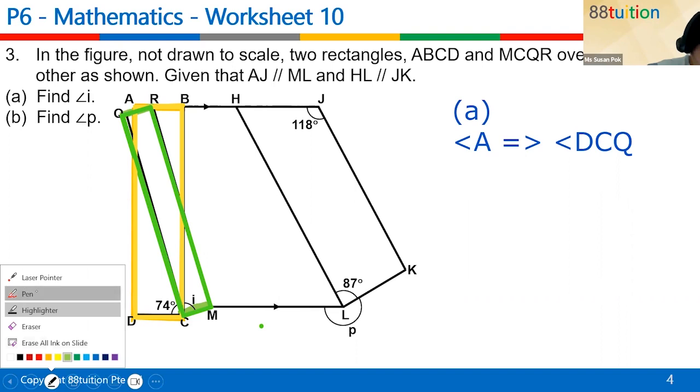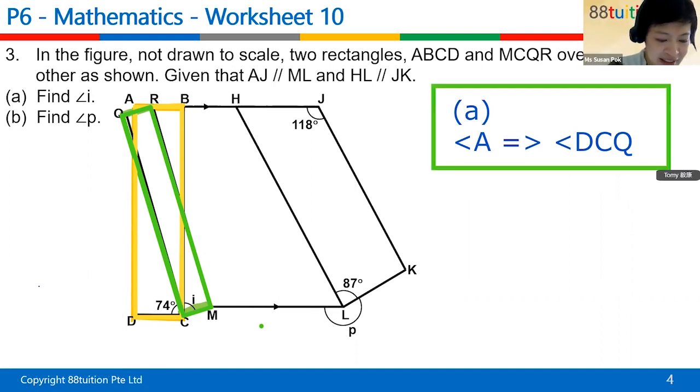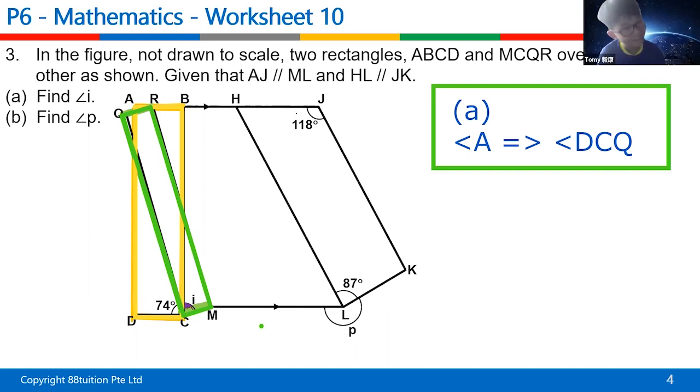Okay. I already wrote down my answer. So big. Only one line. Okay. So this one overlap each other. This is parallel. Find angle I. So angle I is something here. It's 74. Okay, so for this angle I, how can I do is, let's take a look. You have 118 here, right? Actually, in this kind of question, you just find every angle. You know that they are all what? Parallel, right?